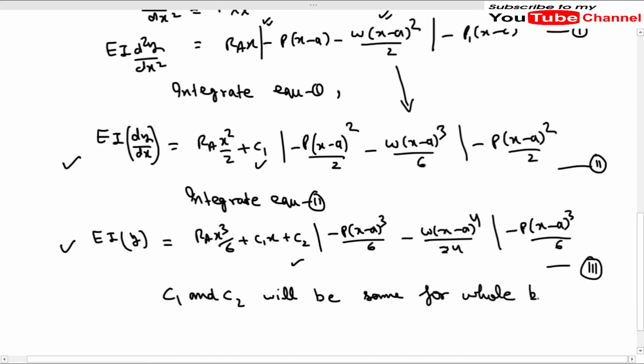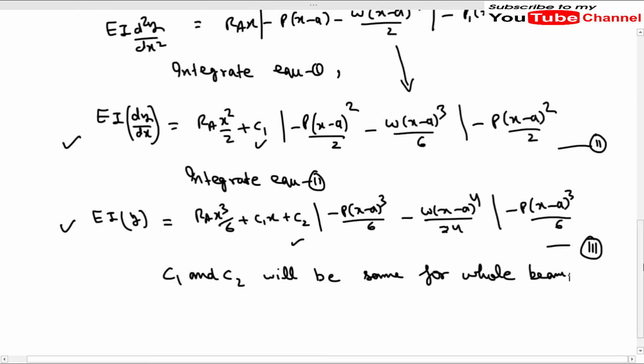for the whole beam. It means that if you want to find out the deflection at x is equal to 0, it will be C1 and C2. If you want to find out the deflection at the last point of the beam, the C1 and C2 will be same. So now we have got these equations, so we can find out the constants C1 and C2 to get our final equation.